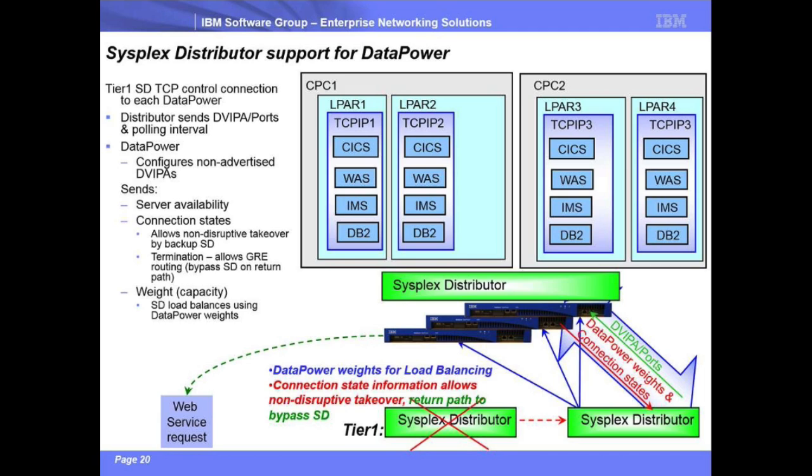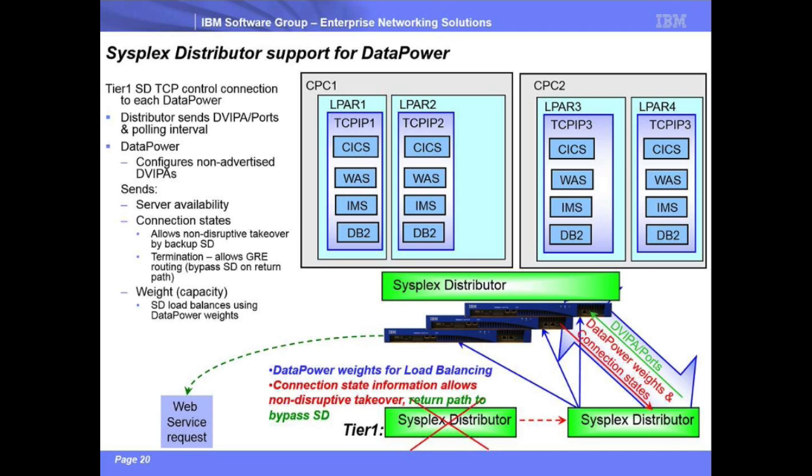The distributor starts out by sending the VIPAs, ports, and a polling interval to each DataPower application. The DataPower application configures those DVIPAs as non-advertised DVIPAs, similarly to how our target stacks configure their DVIPAs as non-advertised DVIPAs.